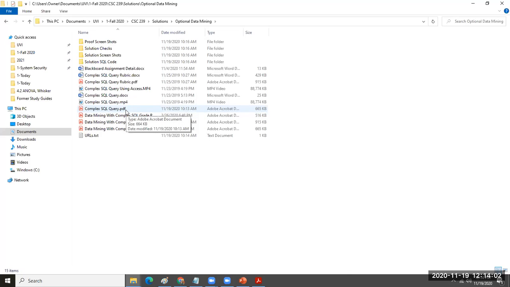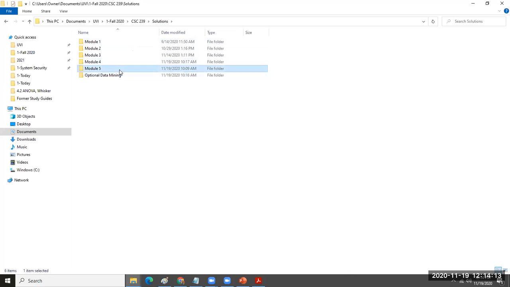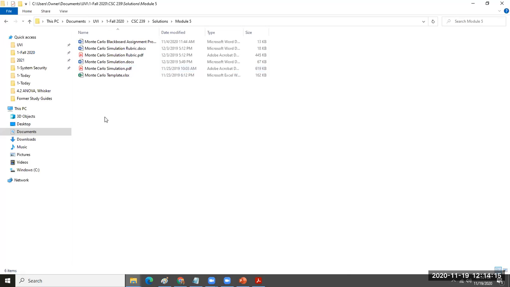You may not be all that jazzed about working with data in Access any more than you have to at this point. And so I think what you'd rather do instead would be the Monte Carlo simulation, where you're going to generate some random numbers and then project a result. Monte Carlo methods are also used with things called Markov chains.